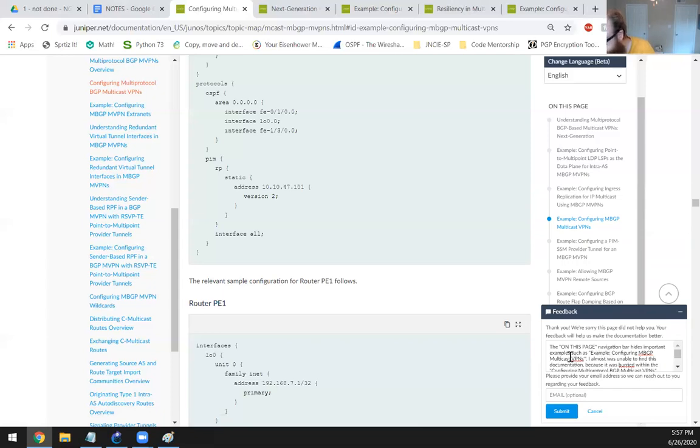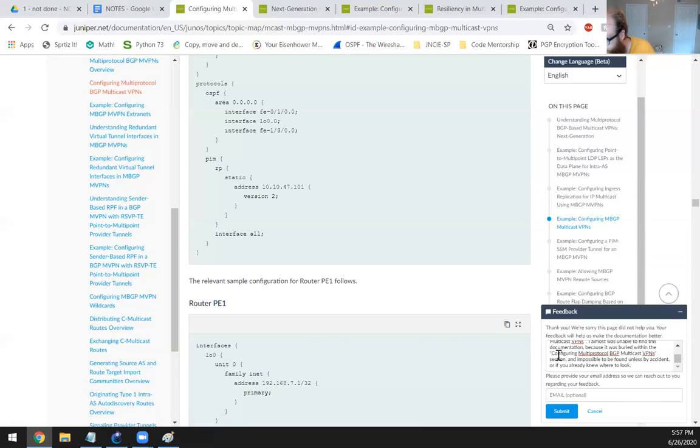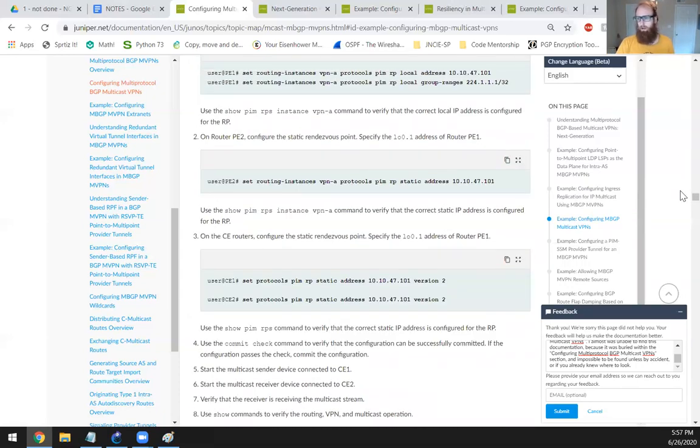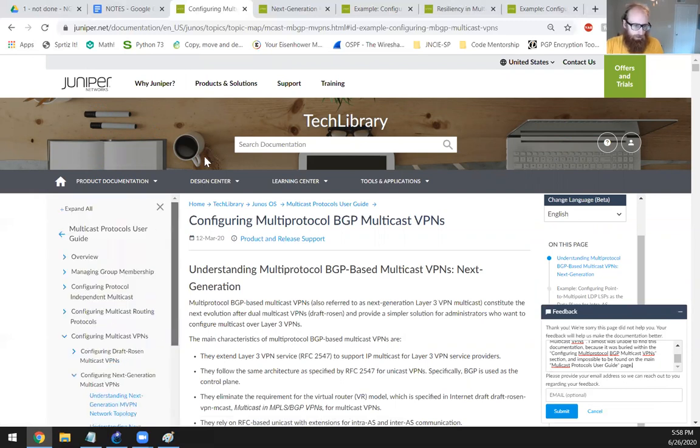I almost was unable to find this documentation because it was buried within the configuring multi-protocol BGP multicast VPNs section and impossible to be found on the main multicast protocols user guide page when expanding, after expanding all.